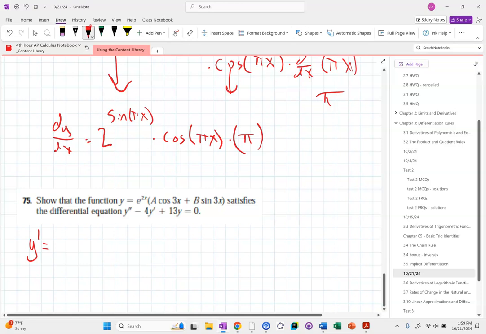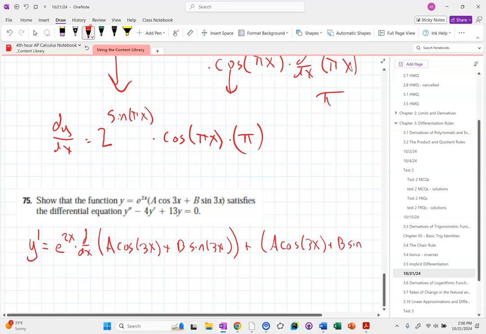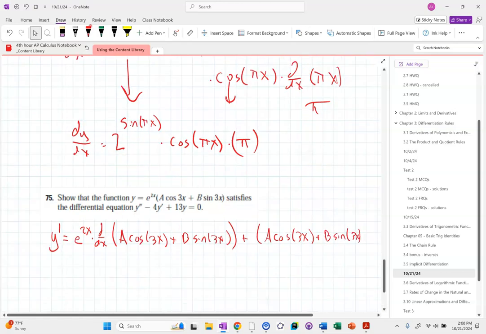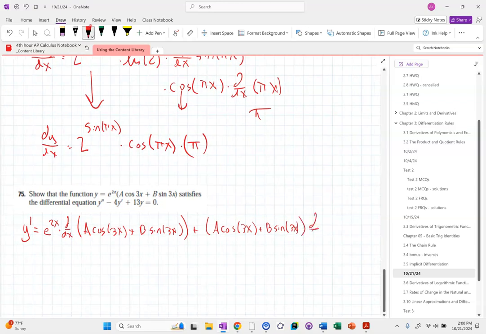So we'll start. To do that, we'll do a product rule. So we'll have e to the 2x times the derivative of a cosine 3x plus b sine 3x, plus a cosine 3x plus b sine 3x times the derivative of e to the 2x.